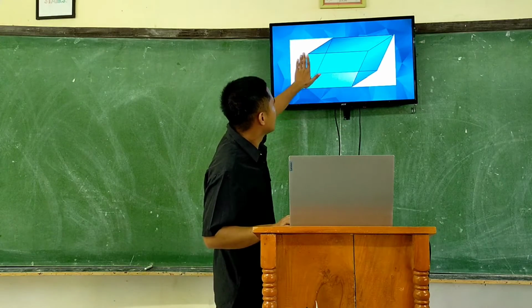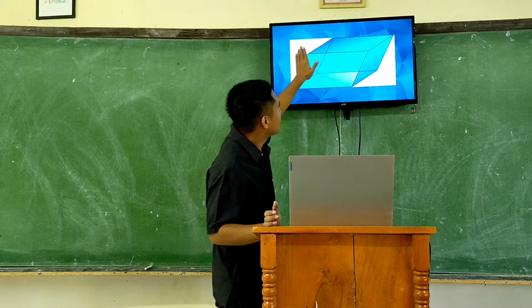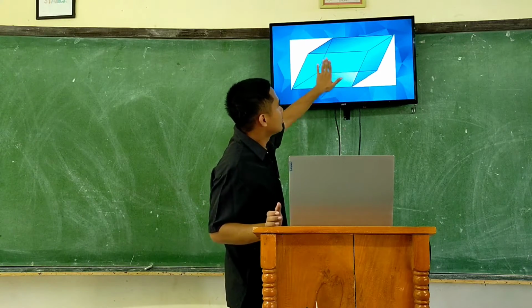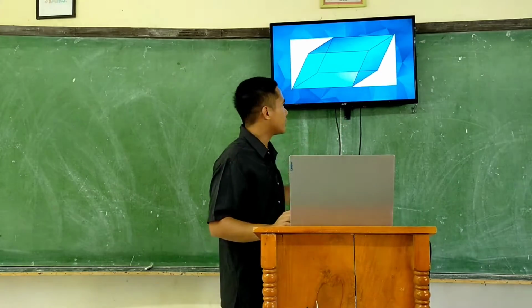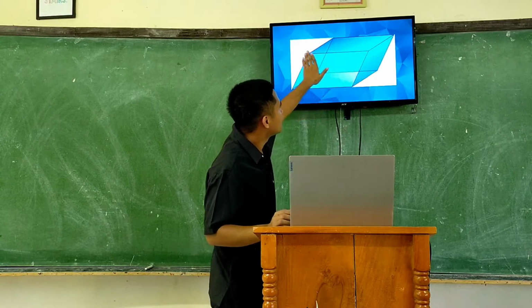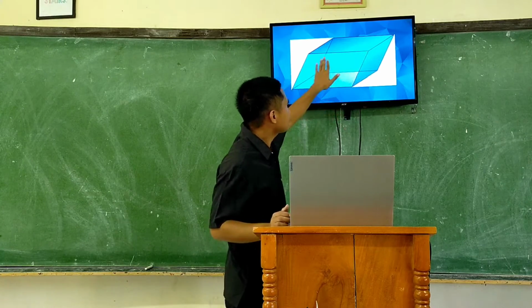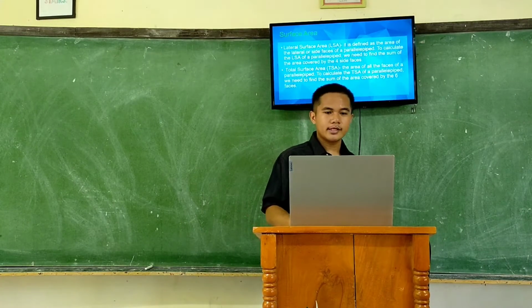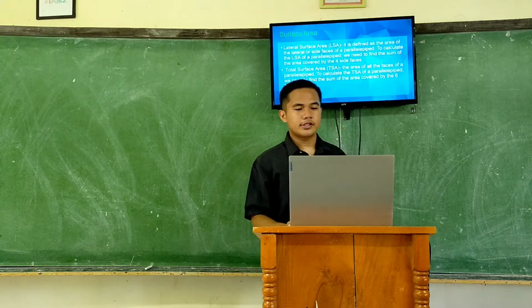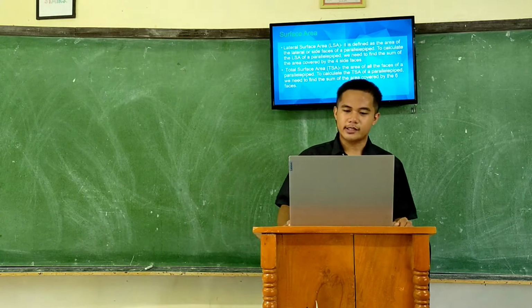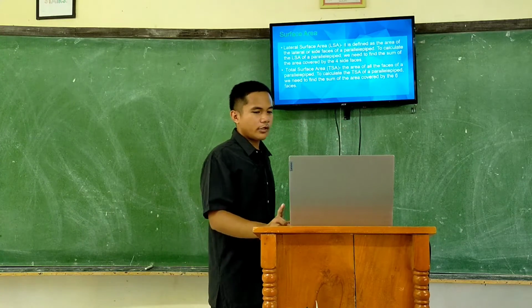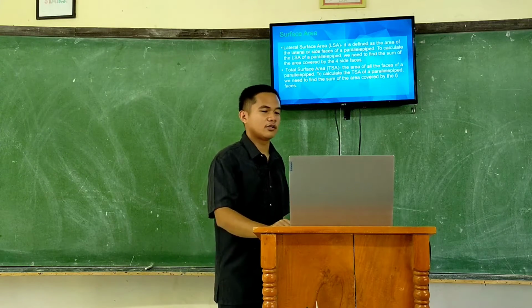So, ito siya. Yung dito sa side niya. Yun ang lateral surface area. Dito lang sa side niya. Next, total surface area or TSA: the area of all the faces of a parallelepiped.